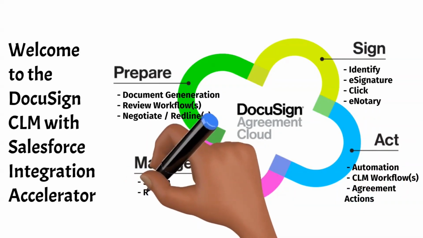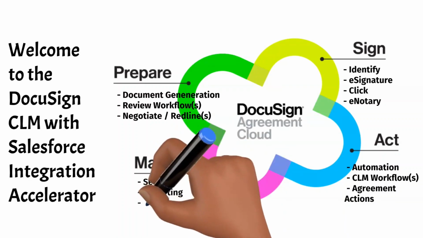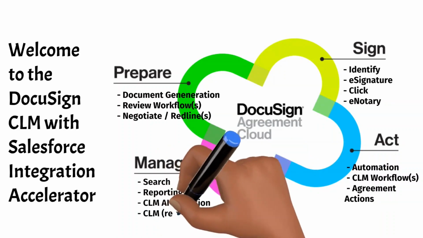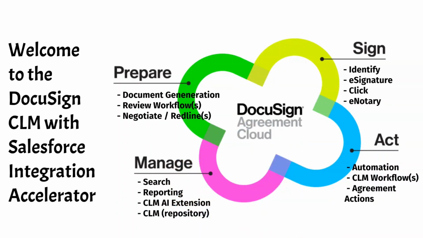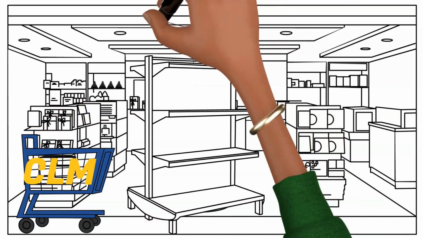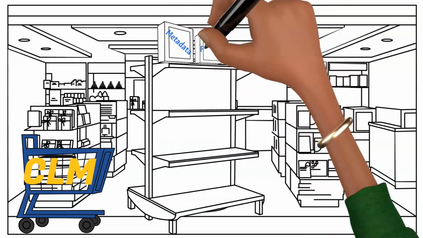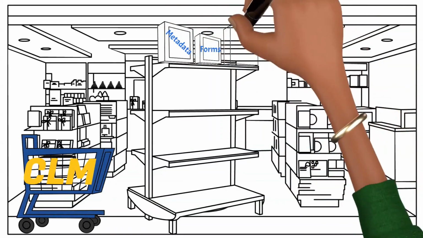The Accelerator capitalizes on what the raw CLM offers and provides out-of-the-box functionality that clients can use within a morning or an afternoon of configuration. And before we can get to configuration, let's actually understand the core features of a CLM.